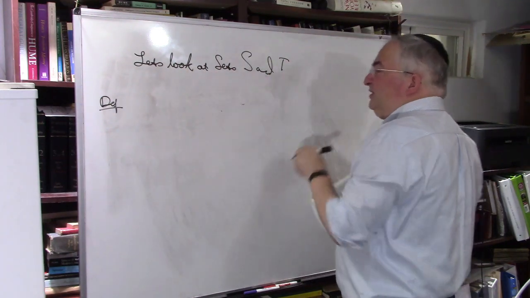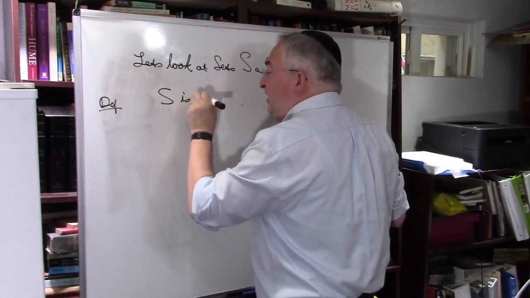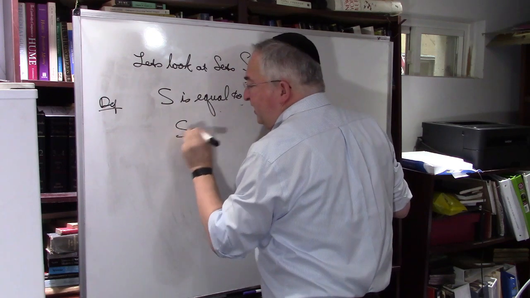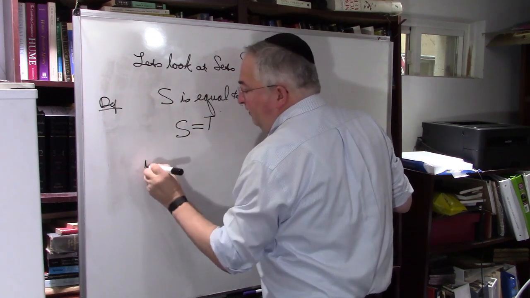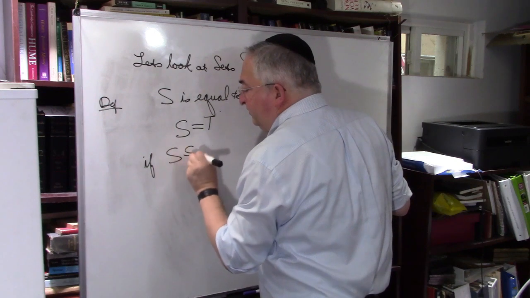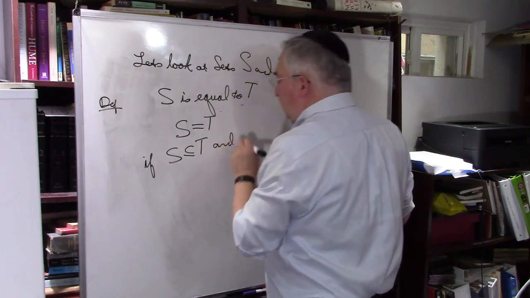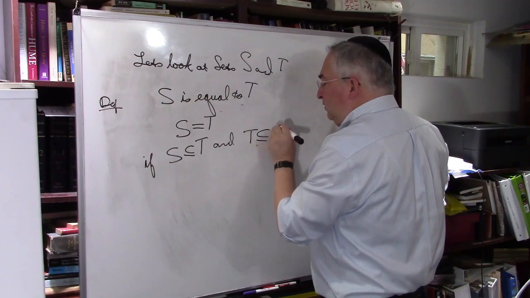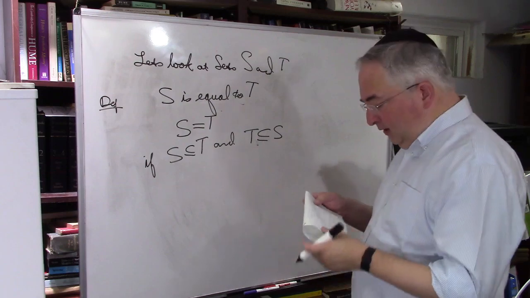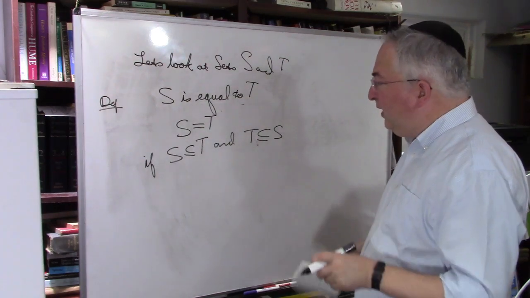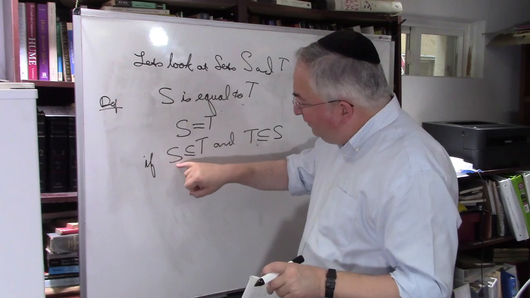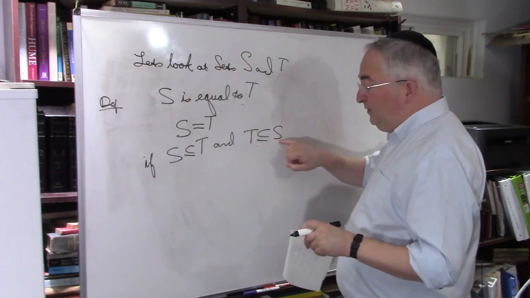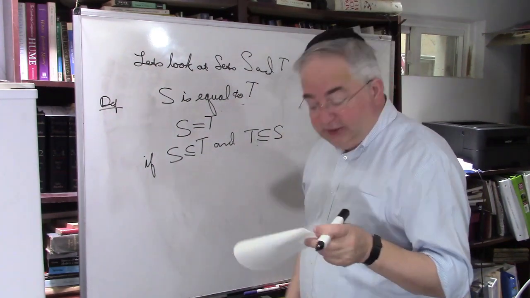Let's look at sets S and T. S is equal to T. We write that as S = T if S is a subset of T and T is a subset of S. Which means every element of S is an element of T, and every element of T is an element of S. That's what it means for two sets to be equal.